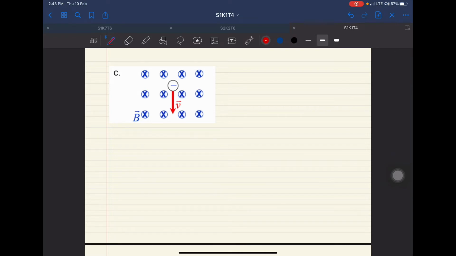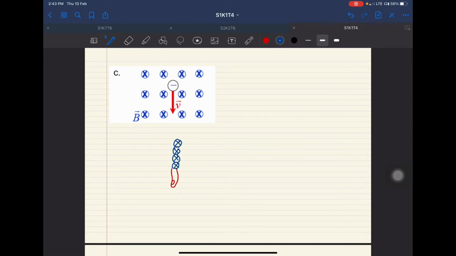So thumb will be in that direction, right? And then all your fingers will be pointing according to the magnetic field, which is pointing into the page. Not sure whether I can draw it properly. So this is your four fingers, but into the page. Hopefully you can see this. Hopefully you can imagine it. Right, so it's going into the page.